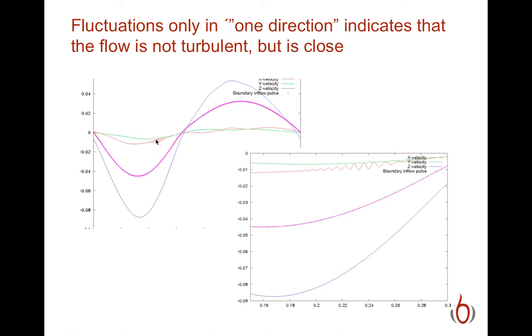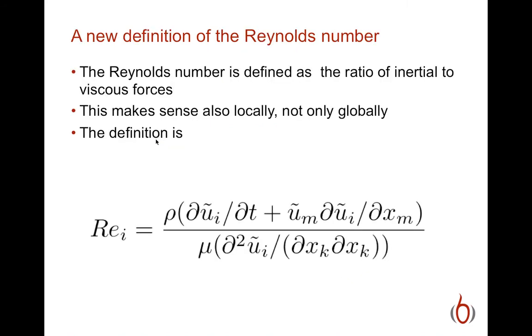So this is an indication that in this patient there was no transition, or no turbulence, but it was close. The conclusion in that study is basically that it's close, but this patient had a relatively nice geometry.